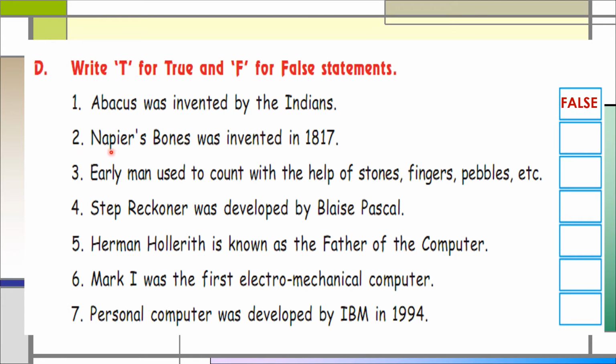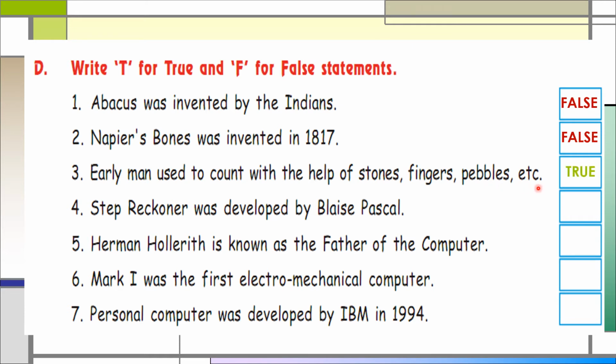Number 2. Napier's bones was invented in 1817. No, false. Napier's bones was invented in 1617.